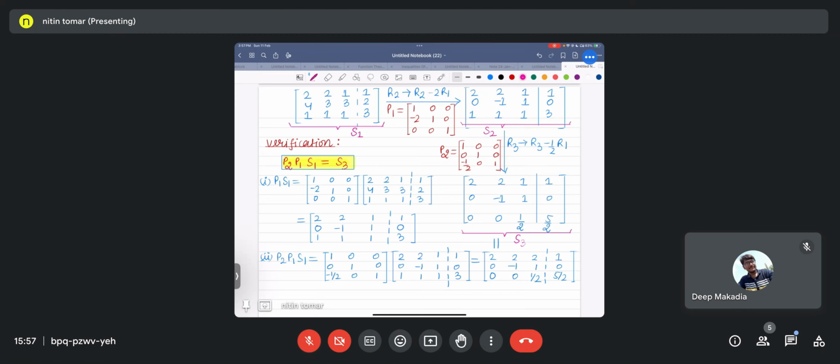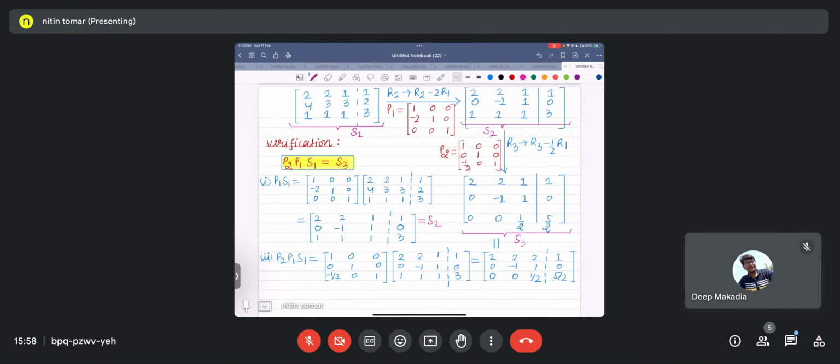But this is equivalent to saying that you obtain S2 by pre-multiplying S1 by P1. So whenever you are performing a row operation, it means you are pre-multiplying by an invertible matrix. This is all I want to say.